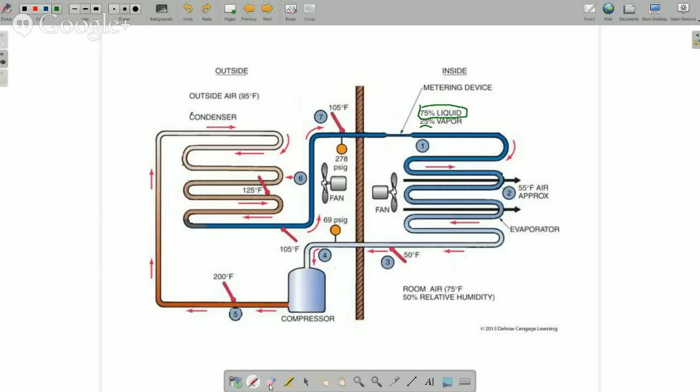So you don't have to worry about that, but you do need to know that 25% of the refrigerant flashes over as soon as we hit the metering device. All right, so we start out here exiting the metering device, and it's 75% liquid, 25% vapor, and the pressure has dropped and the temperature has dropped.